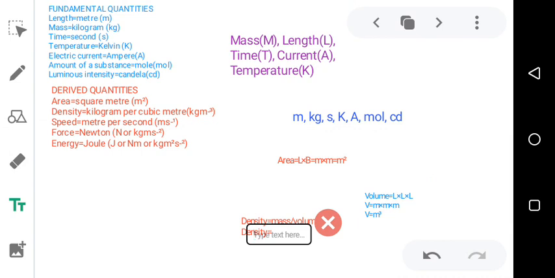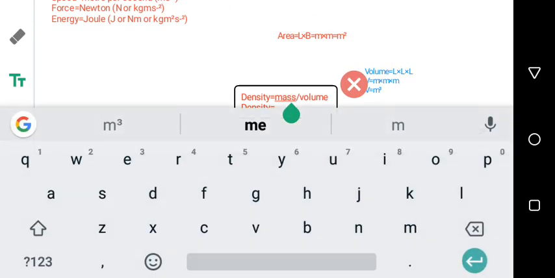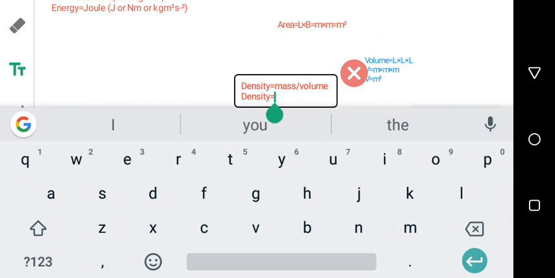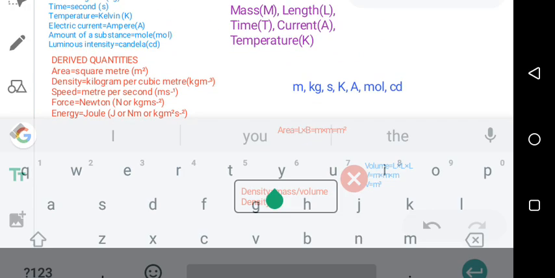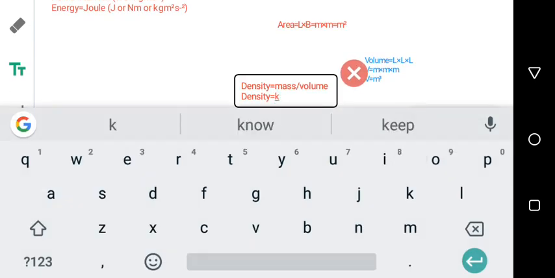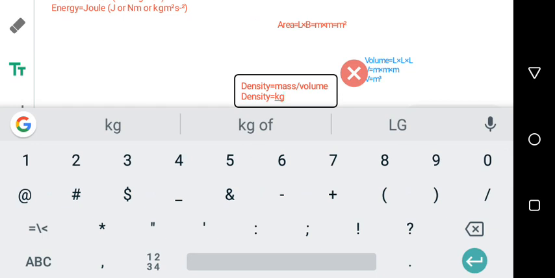Now we go back to our density. Now mass is equivalent to which unit? Check it. Kilogram, right? Kilogram. So you put kilogram. Then volume is equivalent to which unit now?